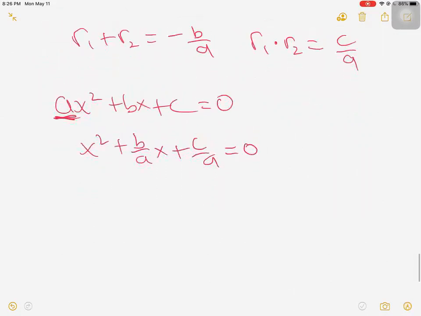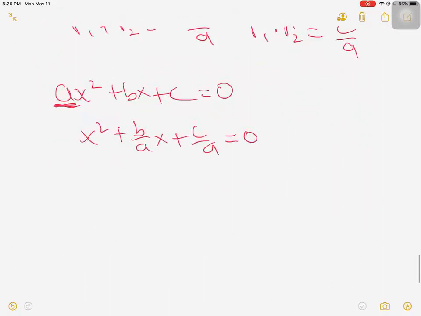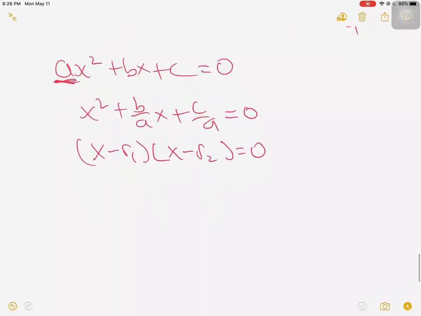However, if we factor this into its two roots, x minus r1 and x minus r2, we can find that it's x squared minus (r1 plus r2) x plus r1 times r2.